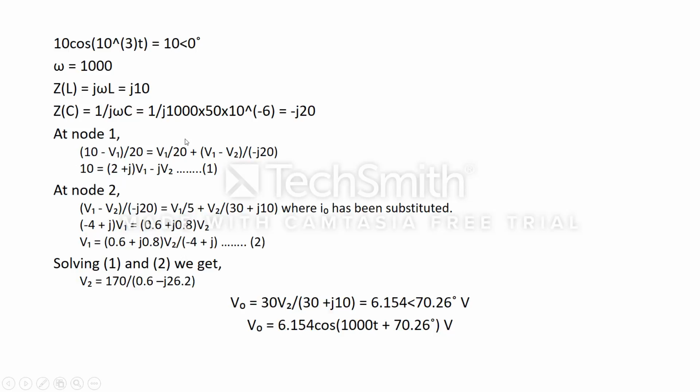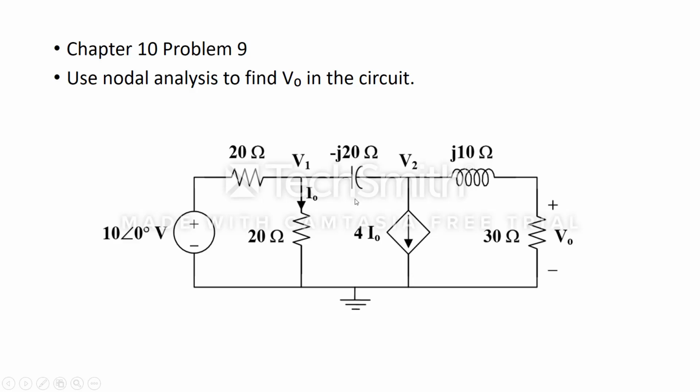Keeping this equation aside as a primary equation, we move on to the second node, which has a potential of V2.